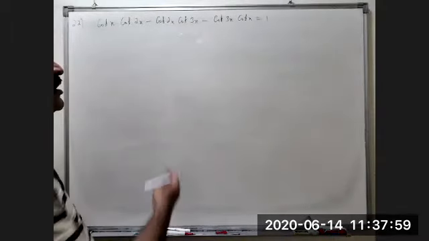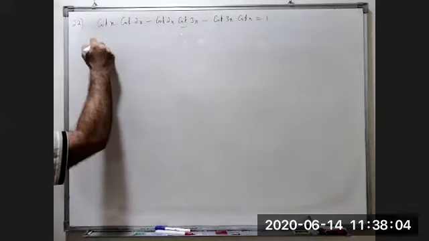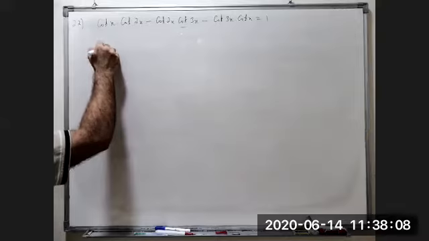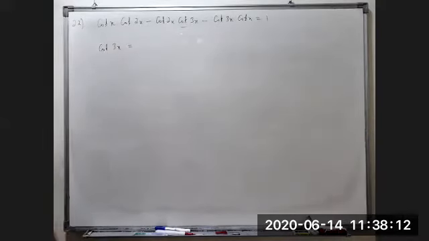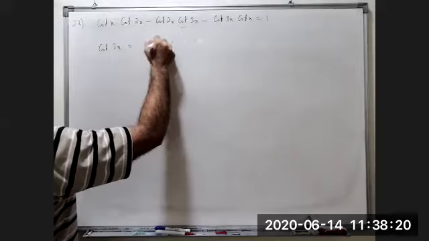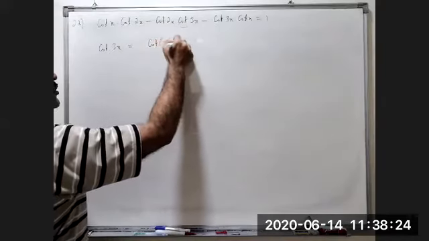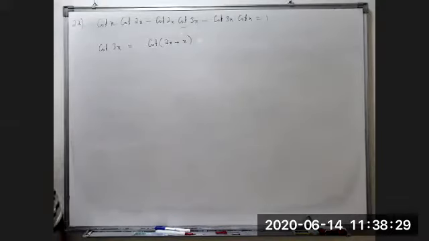So here, what we do is we start with cot 3x. The formula for cot 3x. We can write this cot 3x as cot of 2x plus x.